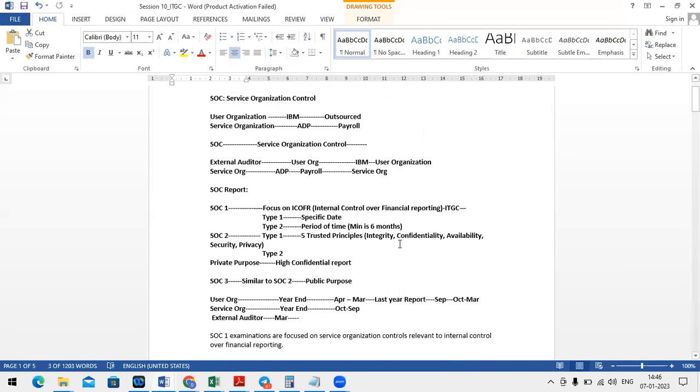This SOC work has good demand in the market as well, because very few people work on it. If you by chance get an opportunity to work on SOC, that would be really good. But it is simply conducting an audit, because whether you work on SOC 1 or SOC 2, at the end of the day it is all about testing those controls.